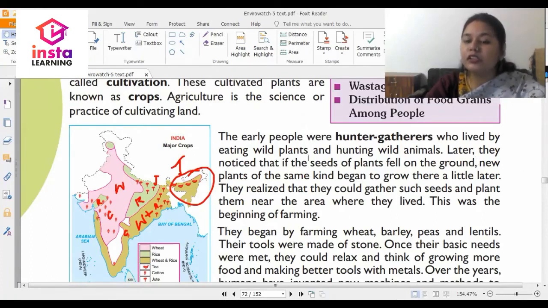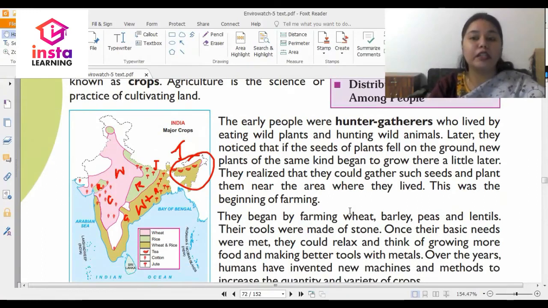Later, they noticed that if the seeds of plants fell on the ground, new plants of the same kind began to grow there a little later. They realized that they could gather more seeds and plant them near the area where they lived. This was the beginning of farming.